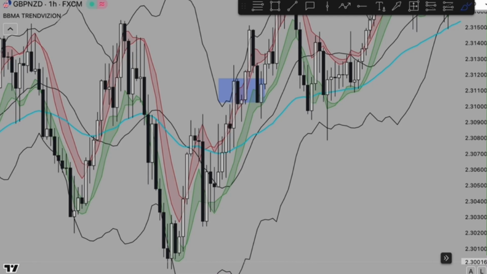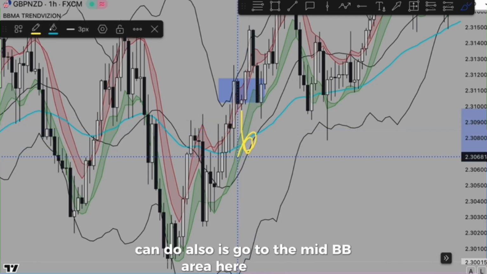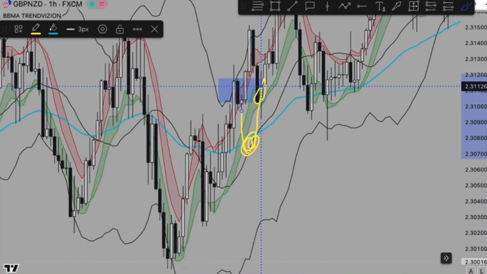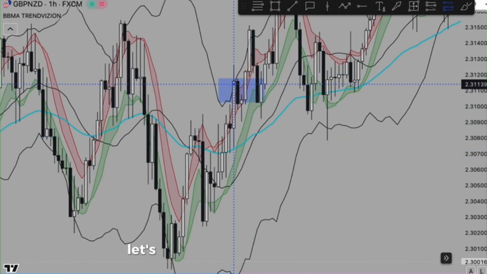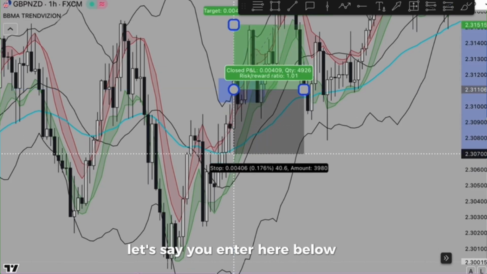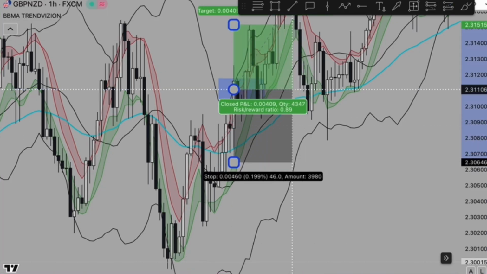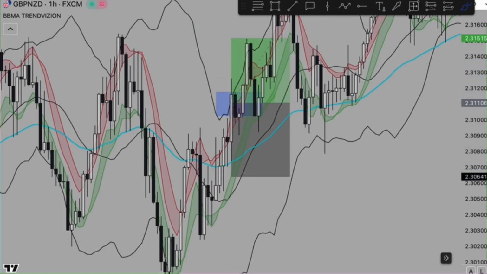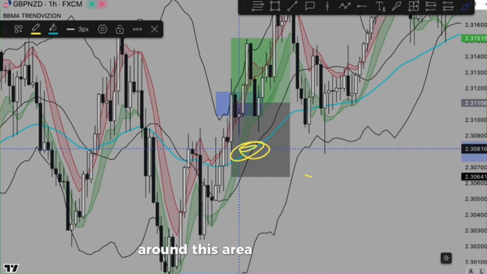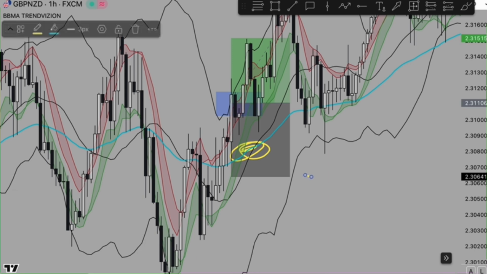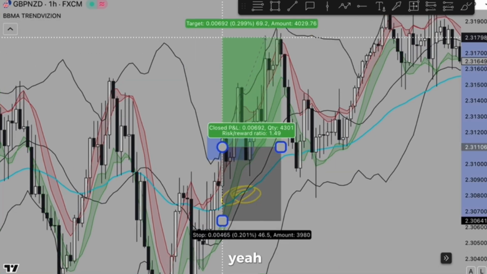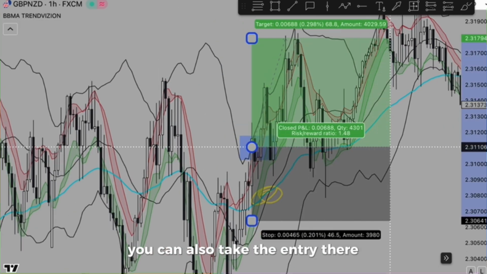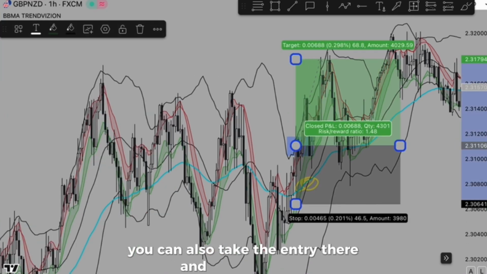What it usually can do also is go to the mid BB area here to go up. So if you place your stop loss, let's say you enter here below the mid BB area where it would do the re-entry, so around this area or below this area, then you can also take the entry there and take the trade.